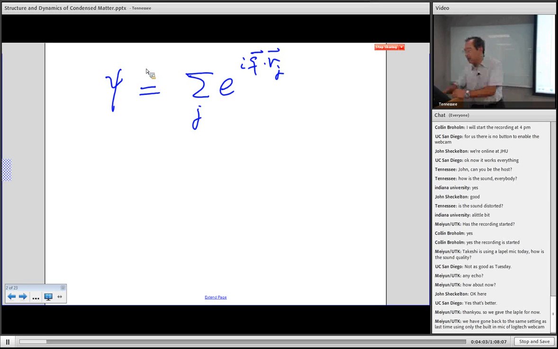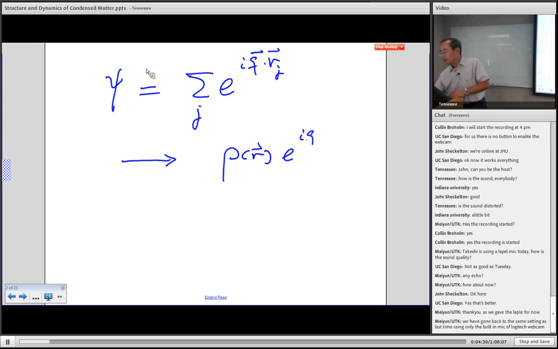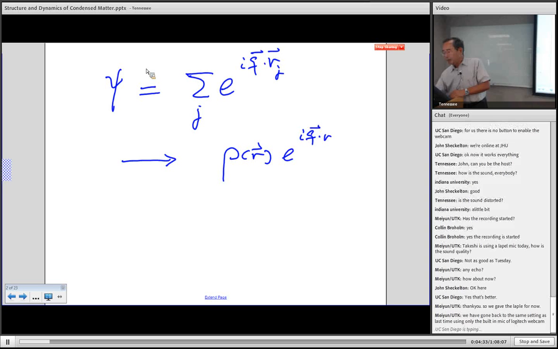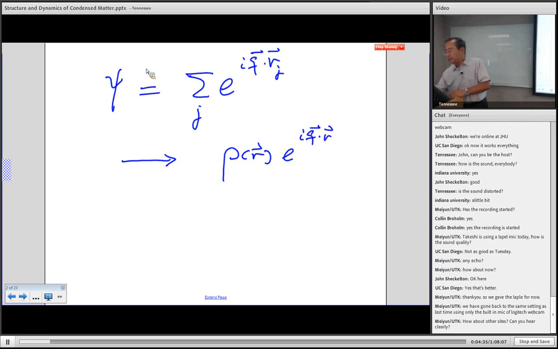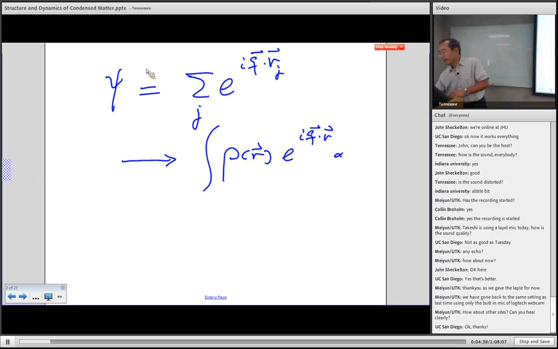So instead of a summation like that, we can use an approximation with a density function, rho of R, that describes the atomic density, where rho of R is the density of atoms at point R, times e to the i Q dot R, and instead of summation, you integrate over that.